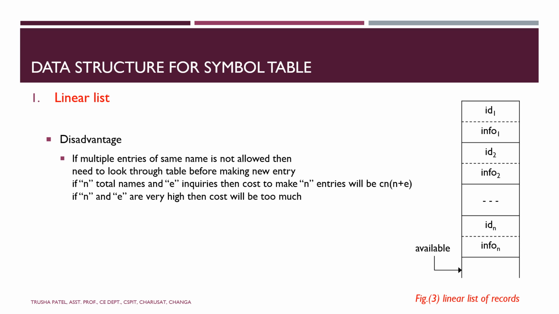In that case, if the total number of names is n and the total number of inquiries, meaning search operations, is e, then the cost to make n entries will be c n (n plus e). Here c is a constant, to which some system operation time is added, right? If n and e are very high, then the overall cost to enter those n names inside this linear list will be very large.